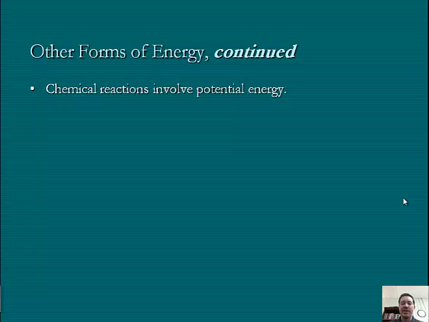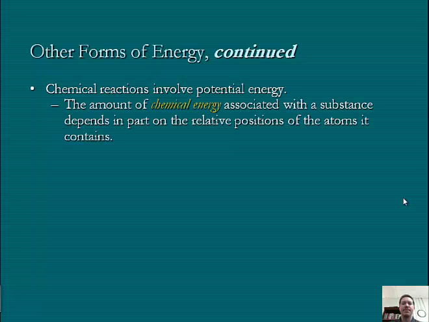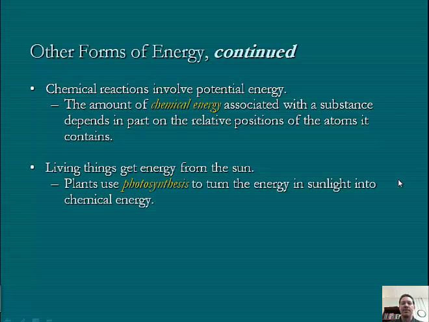Chemical reactions can involve potential energy. The amount of chemical energy associated with a substance depends in part on the relative positions of atoms it contains, and how the electrons are arranged around the atoms as well will determine what this potential or chemical energy is. Living things get energy from the sun.